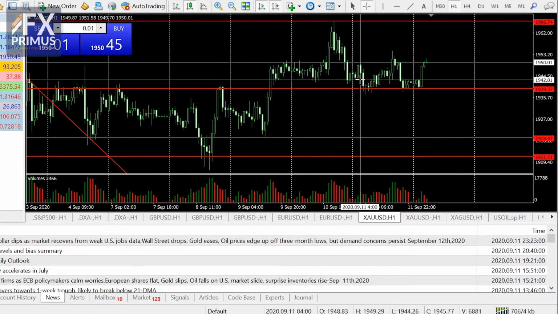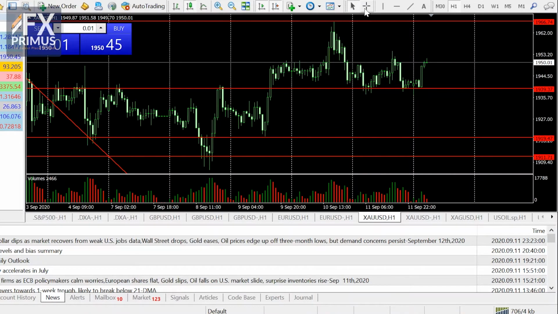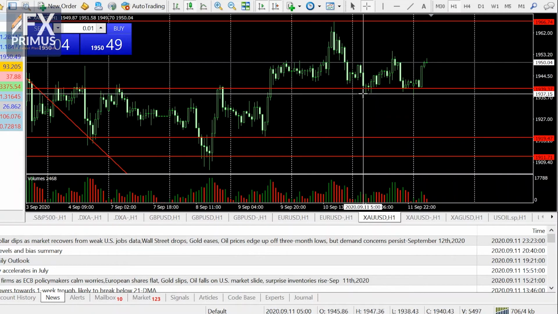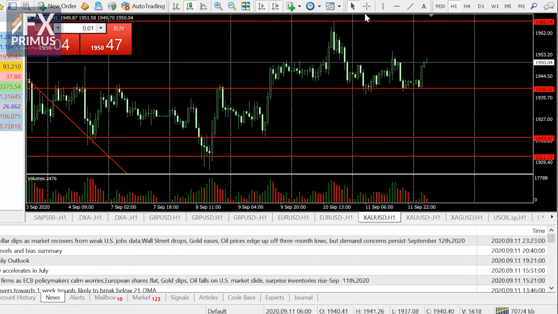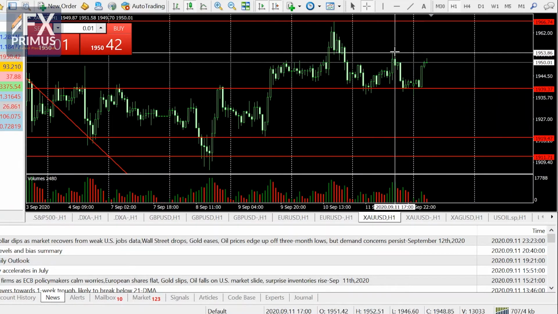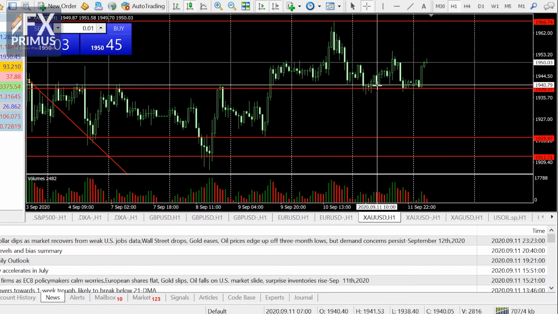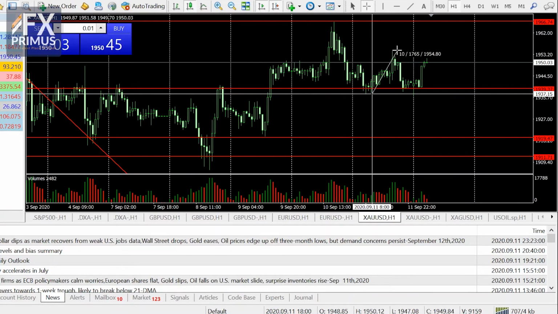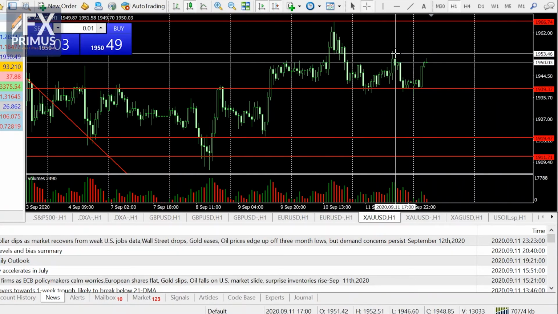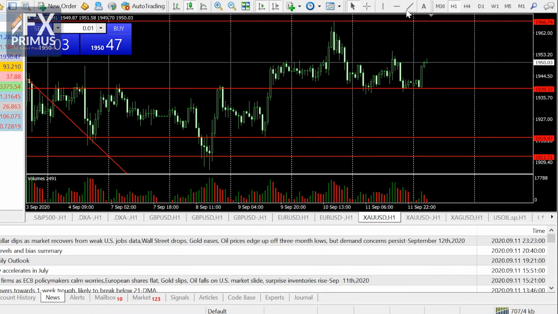Towards last Friday, it was in a consolidation phase, trading from a low of about 1937 to a high of 1955, and then it came back down again to 1939 levels. So it was a trading range of about 17 US dollars up and 17 US dollars down.